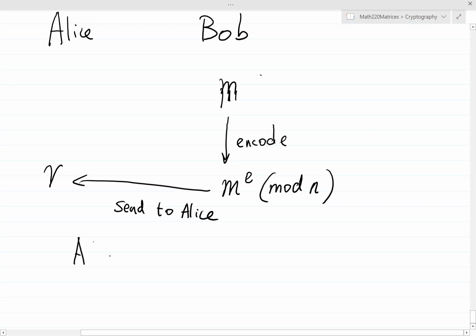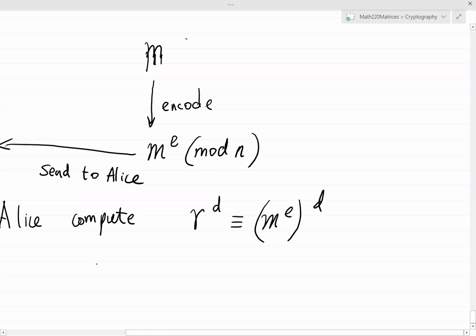Alice now uses her private key to compute R to the power D. D is the private key. R to the power D is M to the power E to the power D.